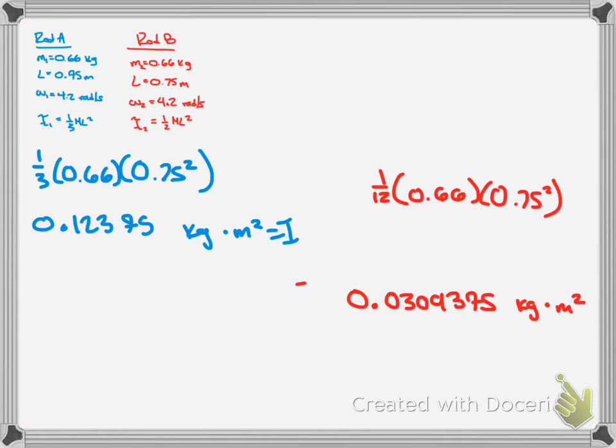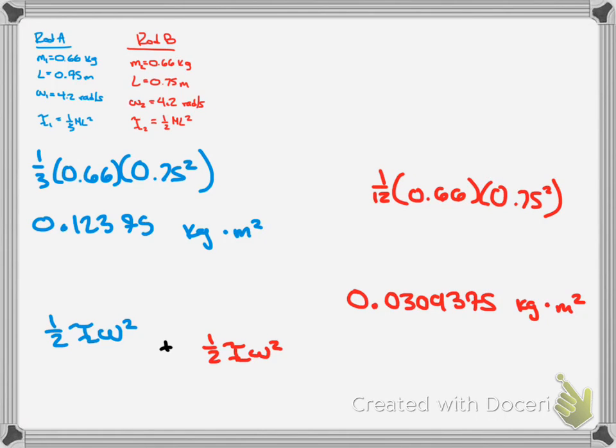And now it wants you to find, what was it that I wanted you to find? Let me check. Okay, I wanted you to find the kinetic energies. And kinetic energy is half of inertia omega squared. So now you just plug in for half of inertia omega squared plus half of inertia omega squared.